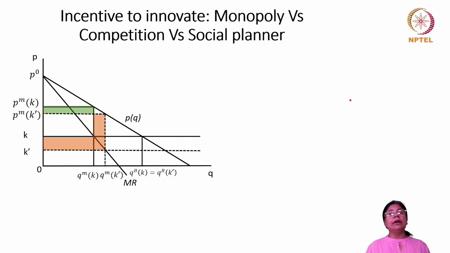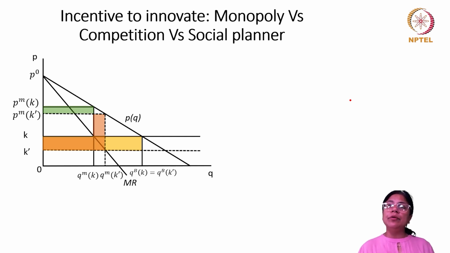So here clearly, first from a monopolist's point of view, you have to compare this green area with the pink area, which I have already pointed out with respect to the replacement effect. So the green area is no longer available for the monopolist. That needs to be compared with the pink area.